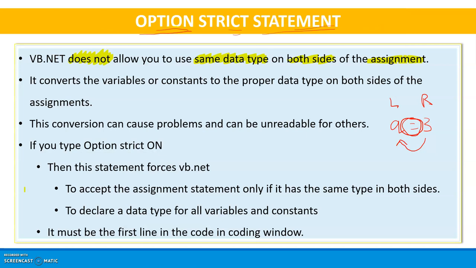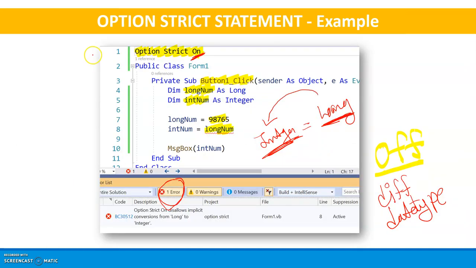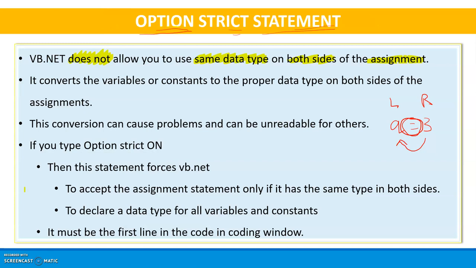So for ease, what we do is type Option Strict On, as we have just seen. If you type Option Strict On, then this statement forces VB.NET to accept the assignment statement only if it has the same data type.